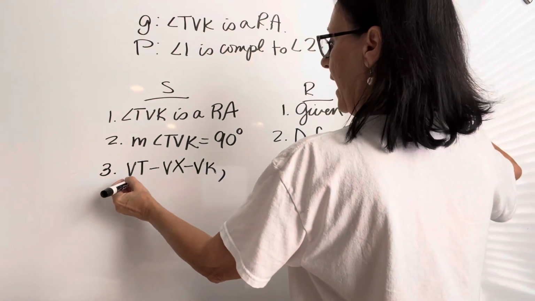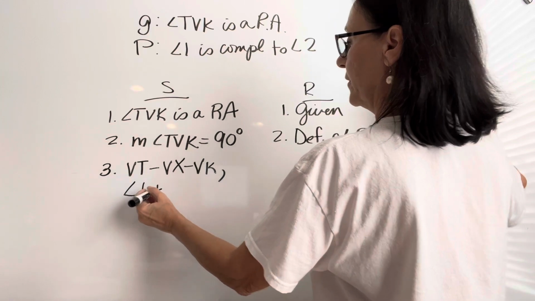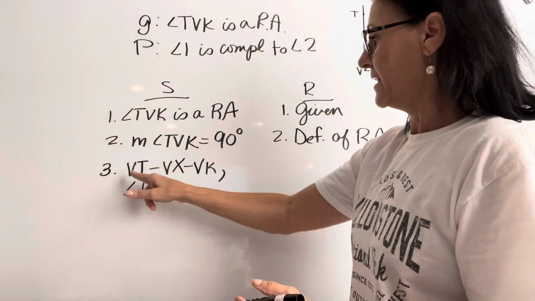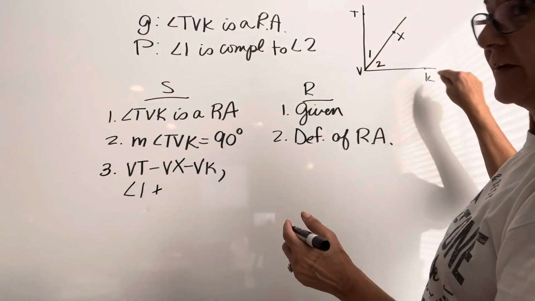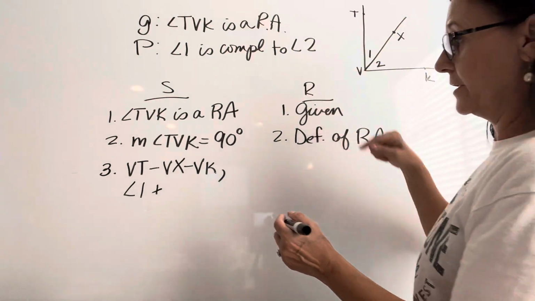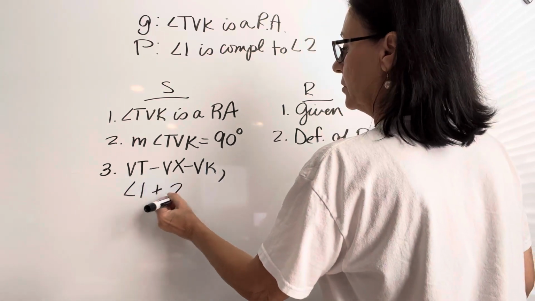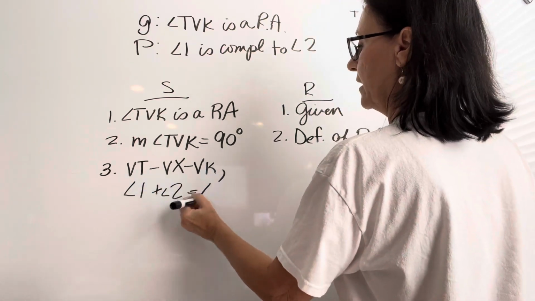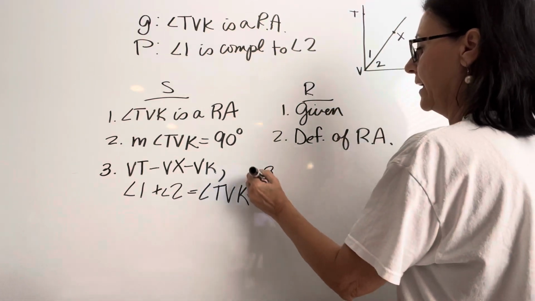So angle 1, notice I didn't say TVX. I could have said TVX plus XVK, but they've already labeled them 1 and 2. Angle 1 plus angle 2 equals angle TVK. Why can I say that?